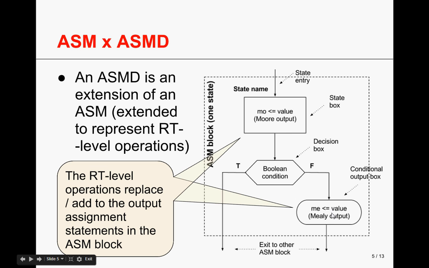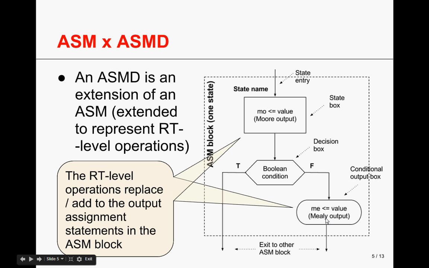two boxes. Now, you must recall that the ASM block that is represented here is the building block to represent a state, and it always comprises a so-called state box with square corners, where the Moore outputs are asserted, and then an optional network of decision boxes and conditional output boxes, which are in turn made out of rounded corner boxes.